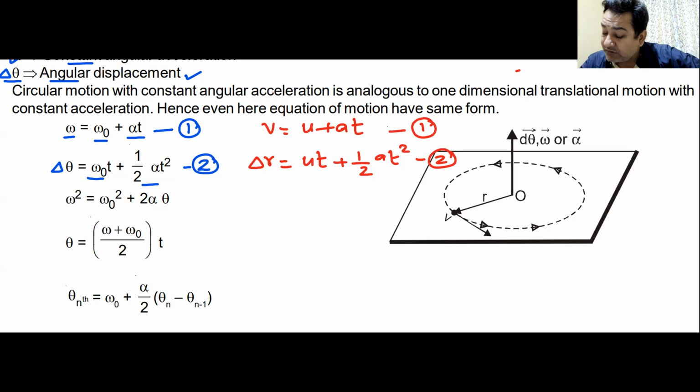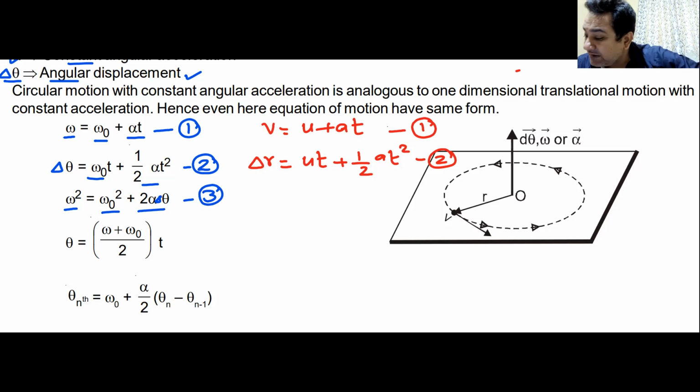Let us now move on to the third equation. The third equation here looks like omega square, the final angular velocity square, is equal to initial angular velocity square plus 2 times alpha into delta theta. That is equation number 3.